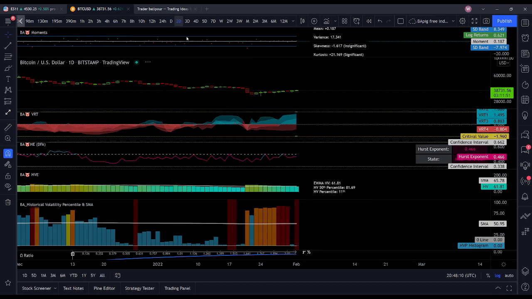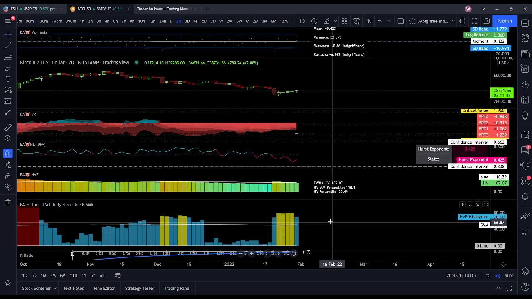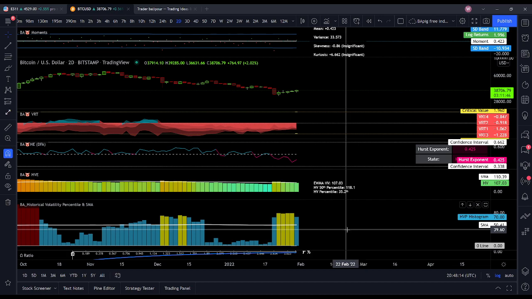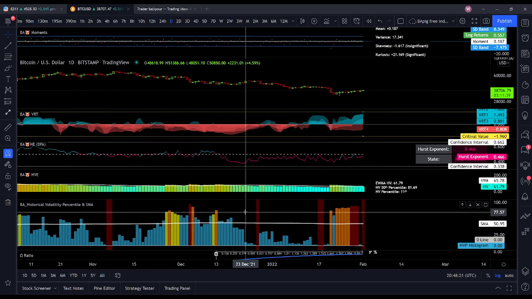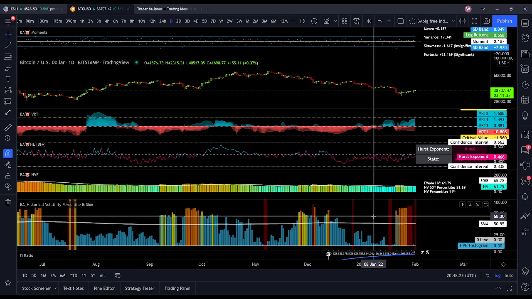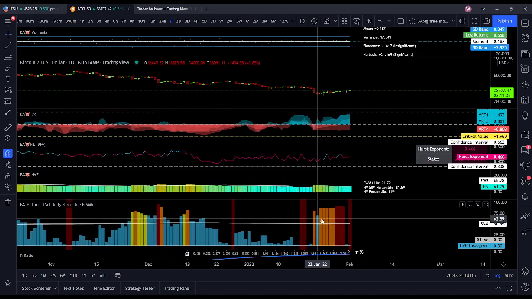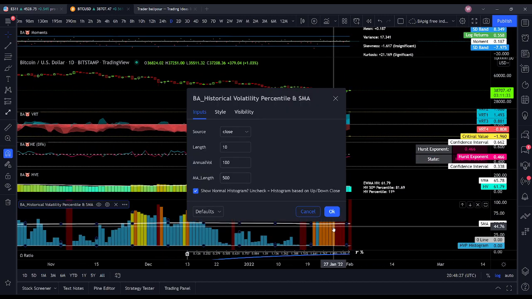So while the 2-day volatility is decently expanded, on the daily the volatility is still rather low. But looking at the historical volatility percentile, you can see that there are multiple flashes going on.